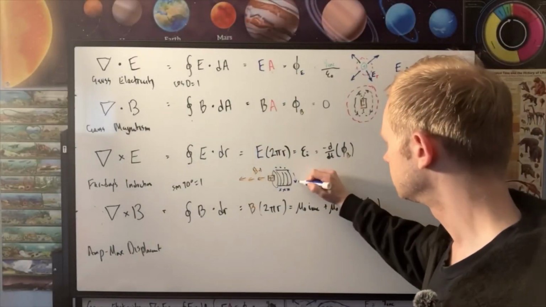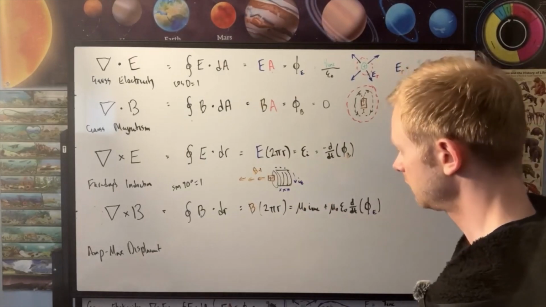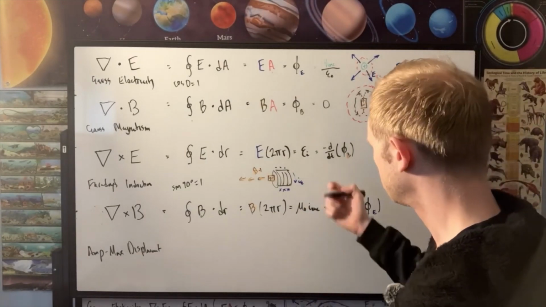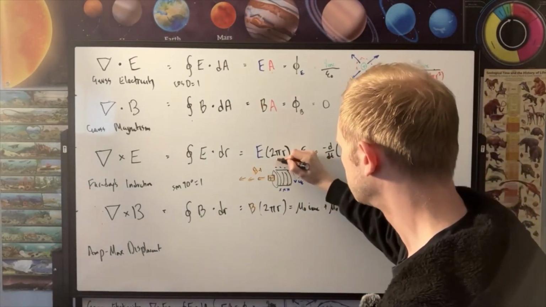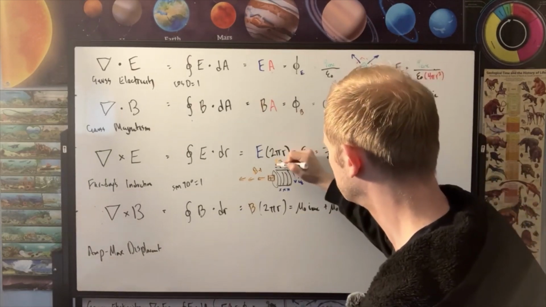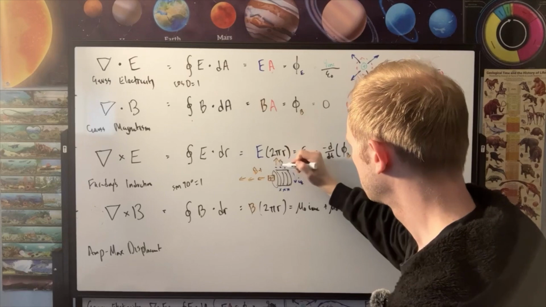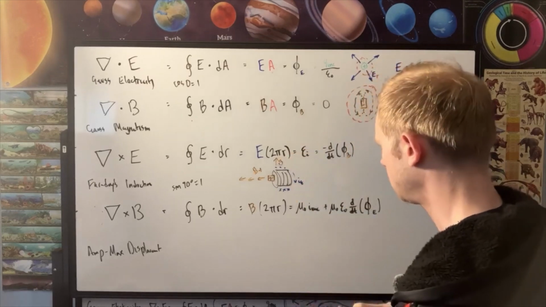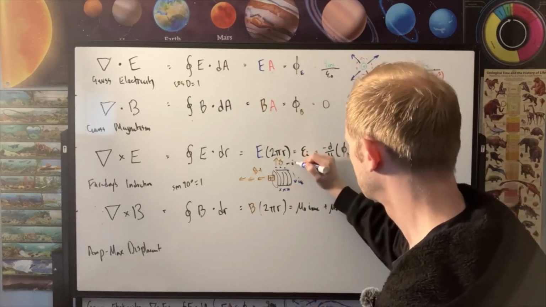So if this was the induced current, then we have the relationship that as the magnetic field is increasing, we'll get a negative induced current.